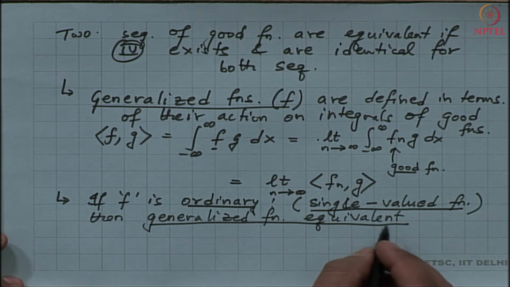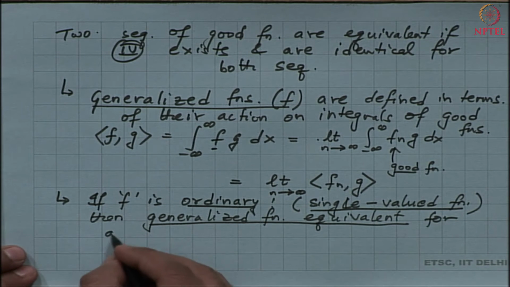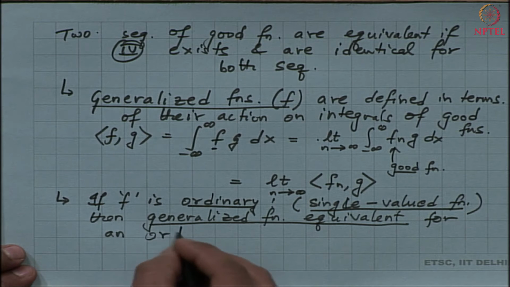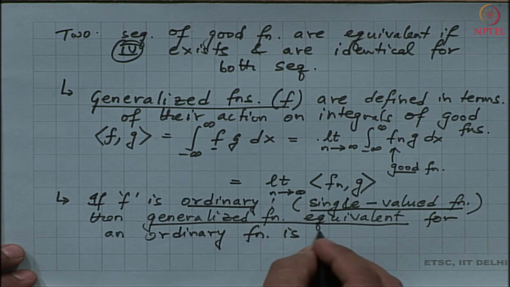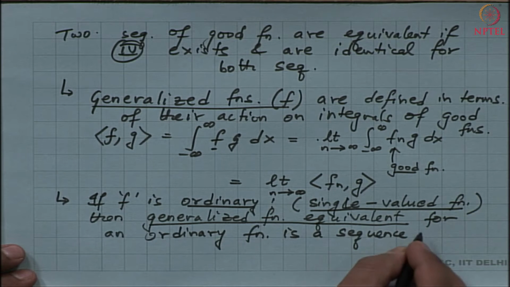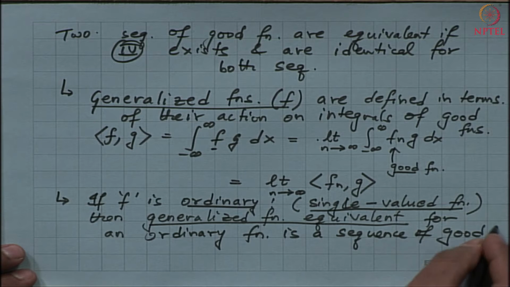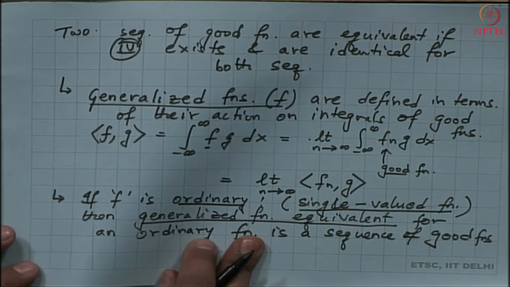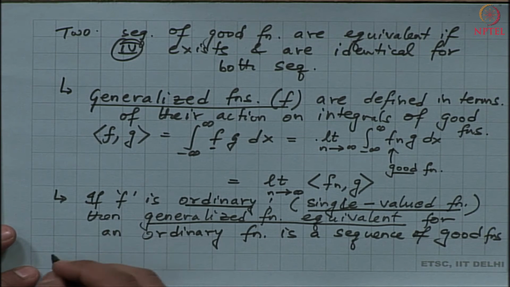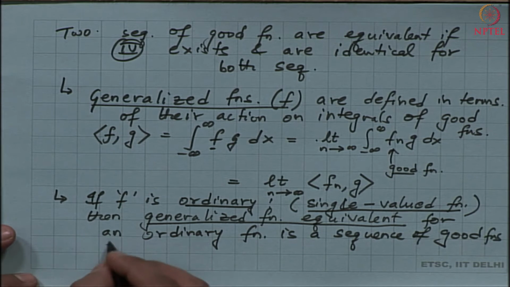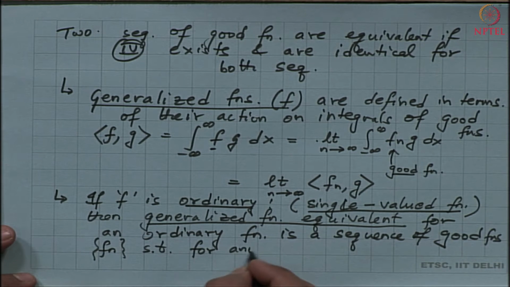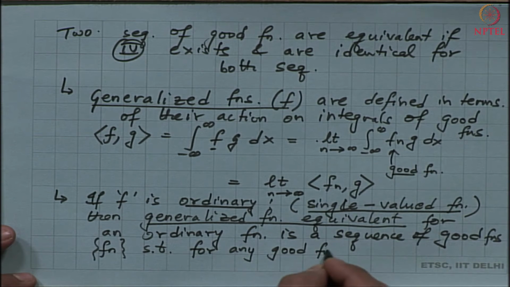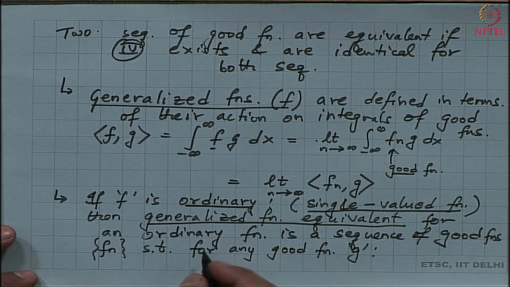So, the generalized function equivalent for an ordinary function is a sequence of good functions f_n(x) such that for any good function g, I have the following integral true.